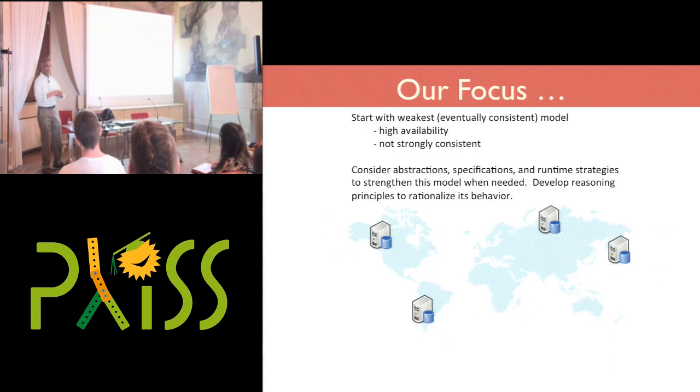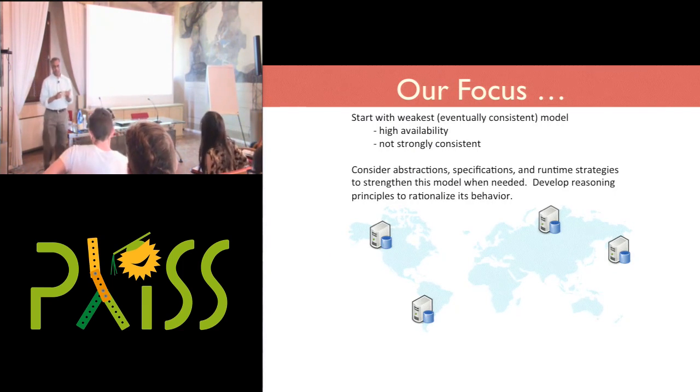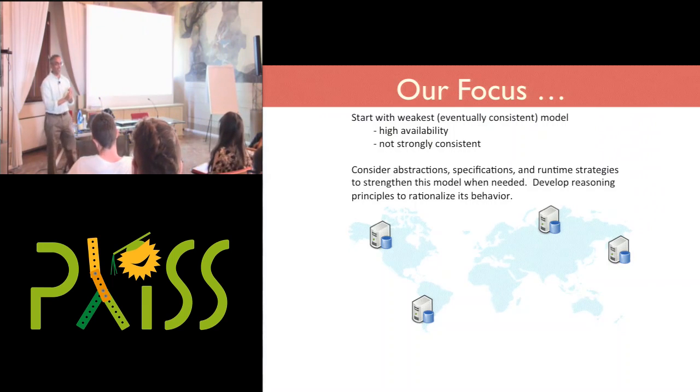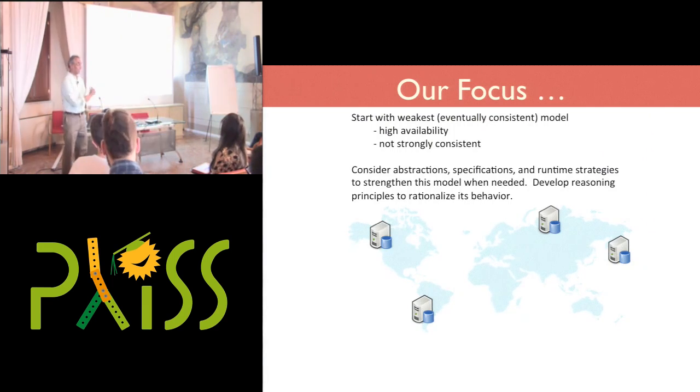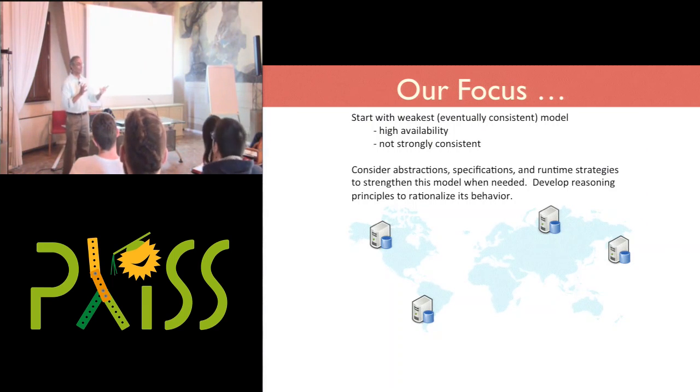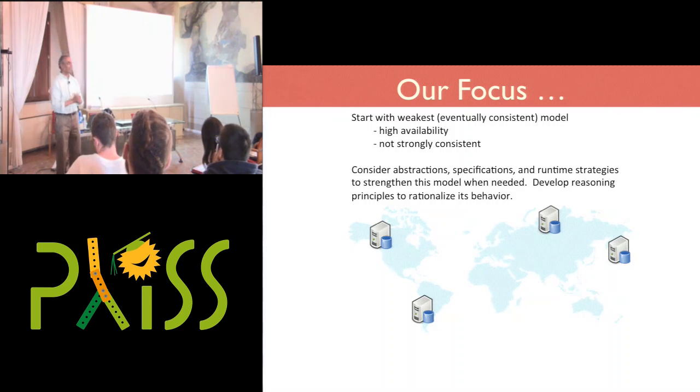Then we're going to try to strengthen the consistency model on demand when we need it. So there are a couple of things that we're going to have to do. We have to figure out a way of expressing to the system when we need it, and then, having expressed our need, we have to figure out a solution for the system to actually provide it. These are the two things that will form the bulk of what we want to talk about.